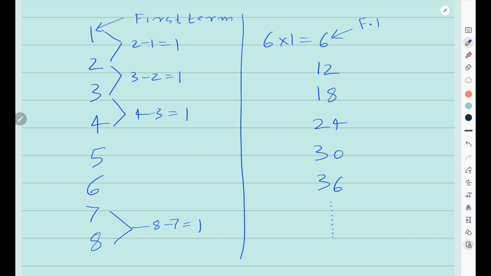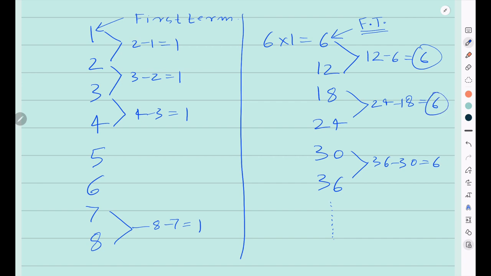So it is called first term, FT. And here also you can see that the difference between two terms is 6. 12 minus 6 is 6. Here, for example, 36 minus 30 is 6. So everywhere, 24 minus 18 is also 6.